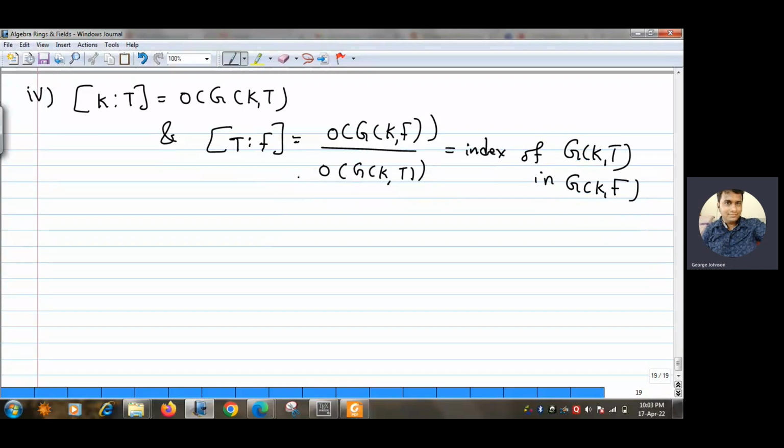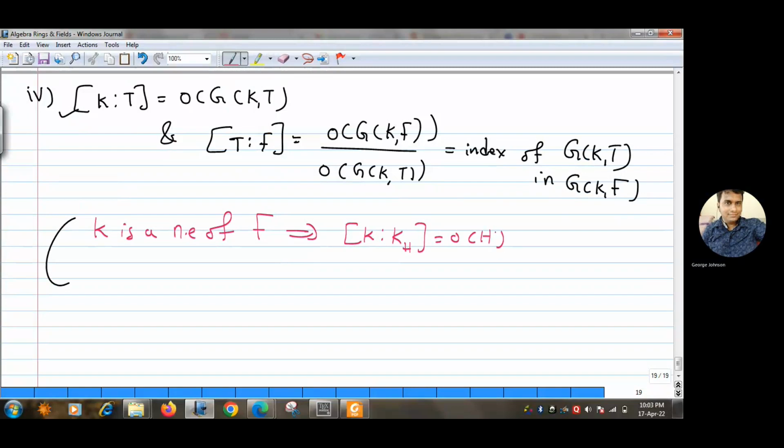So let us prove this statement. First, can you observe that this is true? See, because of theorem 4.2.3, if K is a normal extension of F, then the dimension of K over KH is the same as the order of H. We have proved this theorem, where H is any subgroup of GKF.